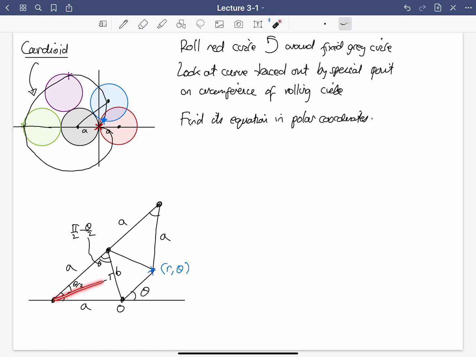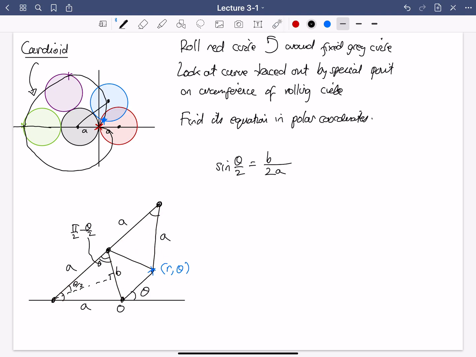And if I were to do SOHCAHTOA in that right angle triangle, the opposite side is b over 2, the hypotenuse is a, and there's the angle theta over 2. So we would get that sine is opposite over hypotenuse. I get that equation out. Okay? But this triangle and this triangle are just identical.